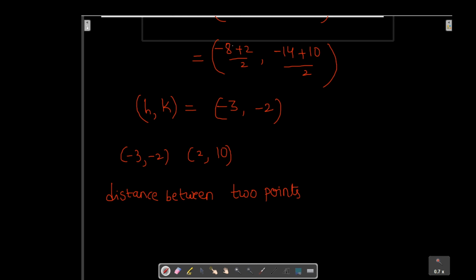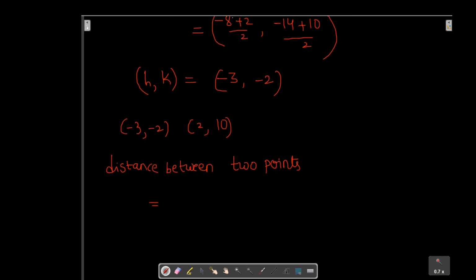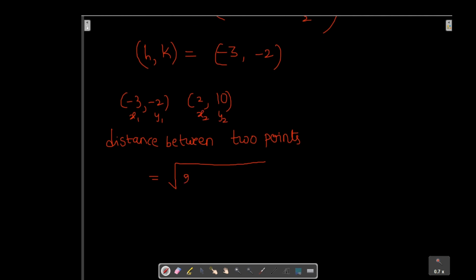We have the distance formula, which is square root of x2 minus x1 whole square plus y2 minus y1 whole square. These are our 2 points. We can treat this as x1 y1, x2 y2.